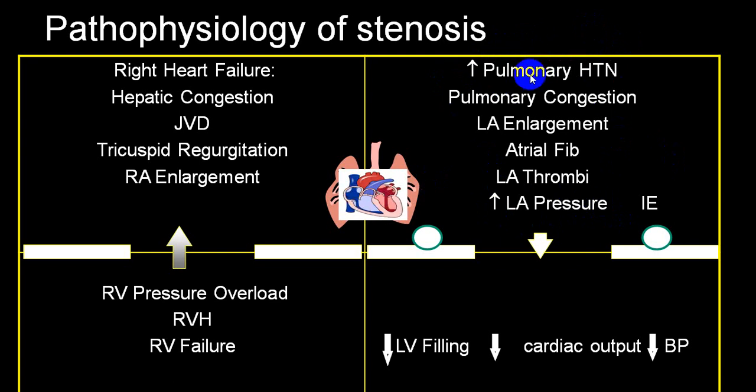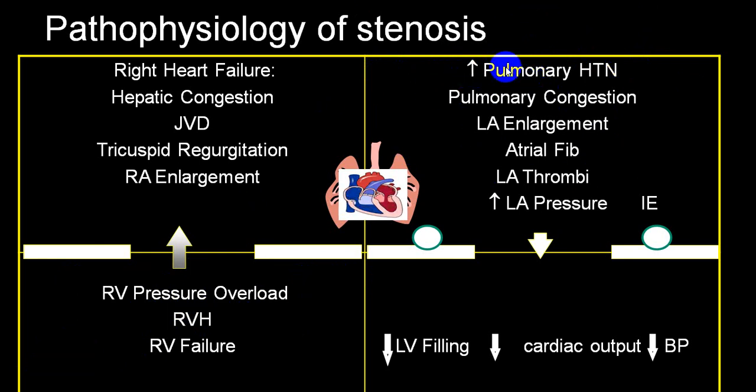Depending upon how fast the pulmonary pressure gets elevated, you will have pulmonary hypertension development. In case of mild and moderate, it will take a long time to develop pulmonary hypertension. As there is pulmonary hypertension, now the right ventricle has to work against the resistance because it has to eject the blood into the pulmonary circulation, and in the pulmonary circulation there is pulmonary hypertension.